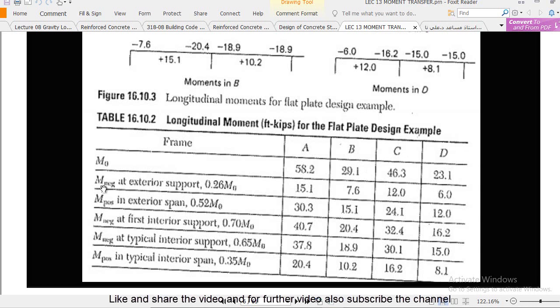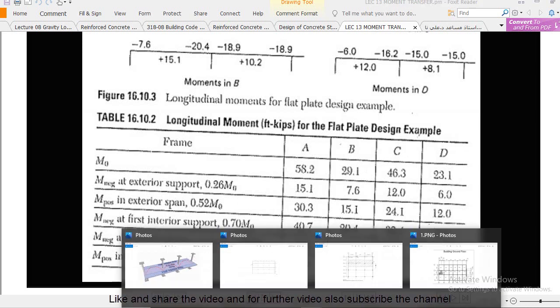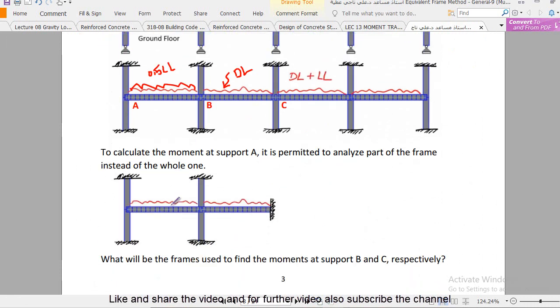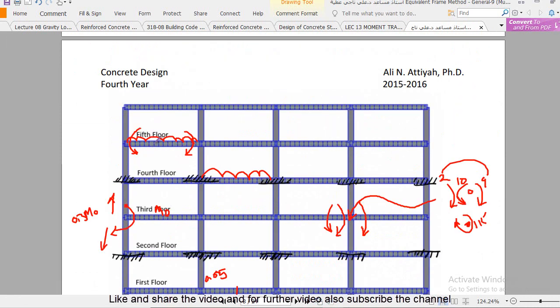Now M negative at the exterior support. Let me recall it, because many students don't remember these coefficients. Remember, this is my first, or exterior, column.